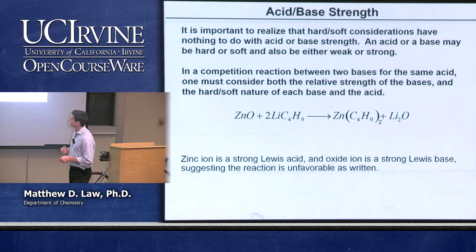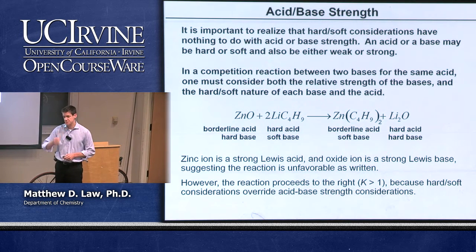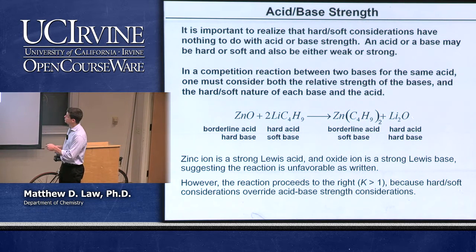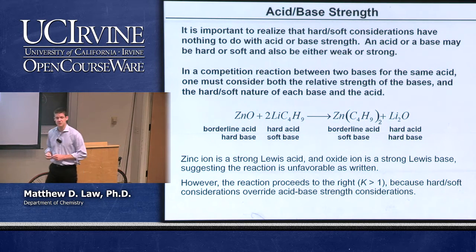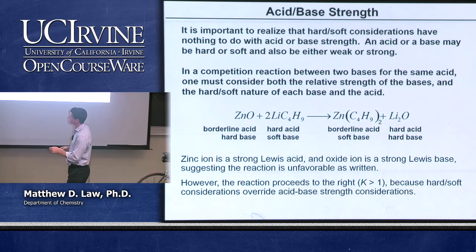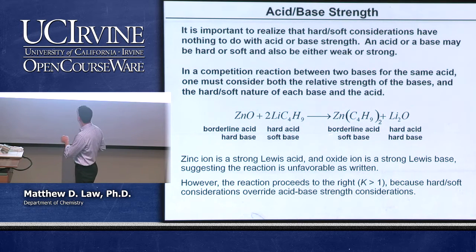But like we described last time, when you also consider the hardness and softness of the different entities involved in this reaction, you can understand that you have a strong driving force toward the products, because we have a hard acid and a hard base combined in lithium oxide. Whereas with the zinc, we have a borderline acid going from a hard base to a soft base.